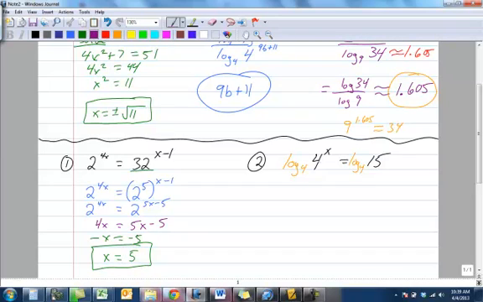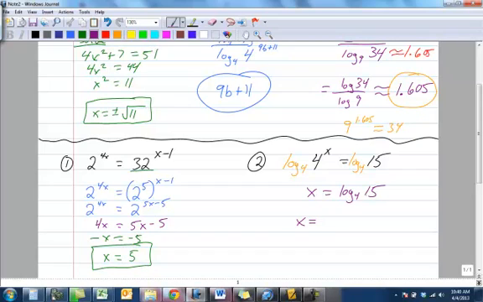So log base 4 of 4, those cancel, left with x equals the log base 4 of 15. Right? So, in order to figure out what number is an approximation of x, now we do the change of base.